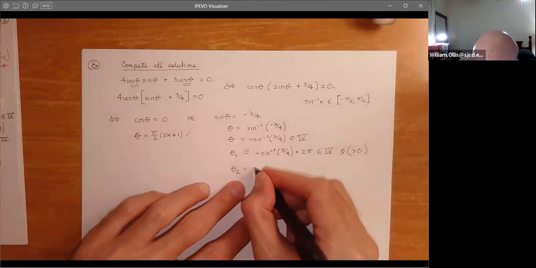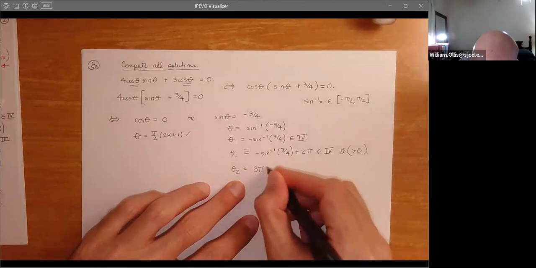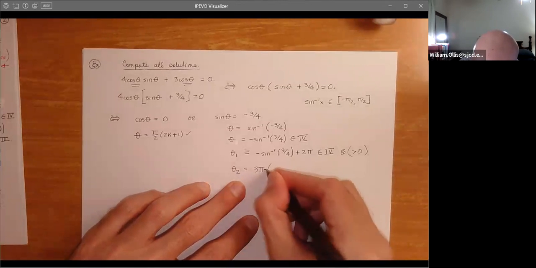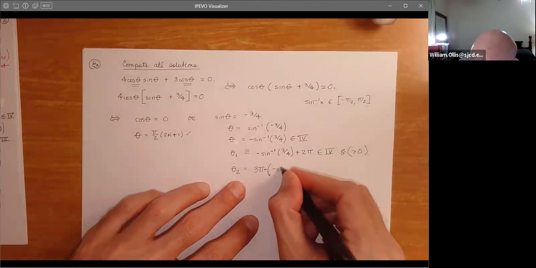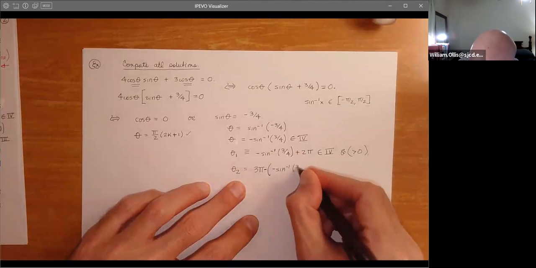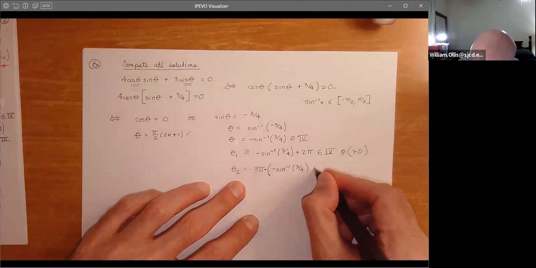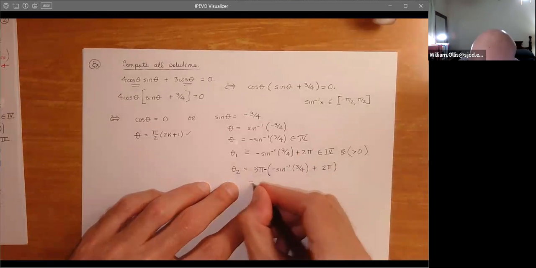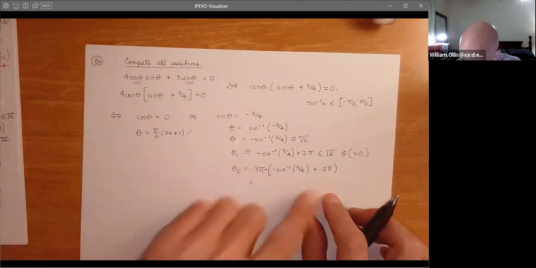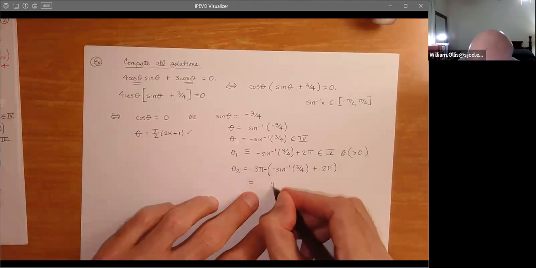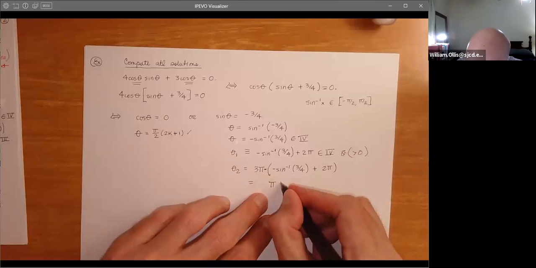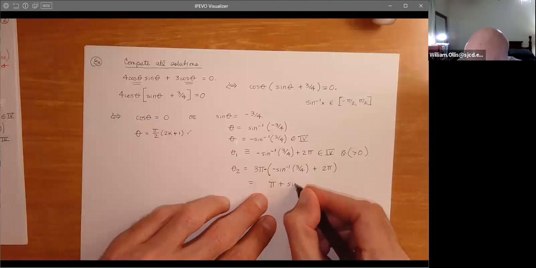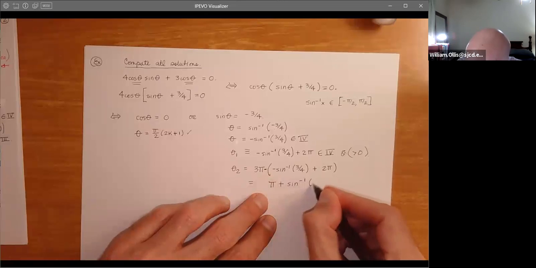So this will be 3 pi minus, so we have inverse sine of 3/4 plus 2 pi. So of course we have a 3 pi minus a 2 pi, so that's a pi. And then of course we have minus minus, so we get plus inverse sine of 3/4.